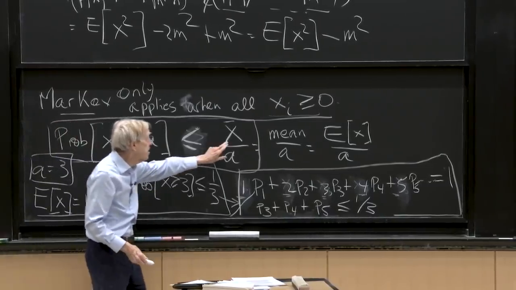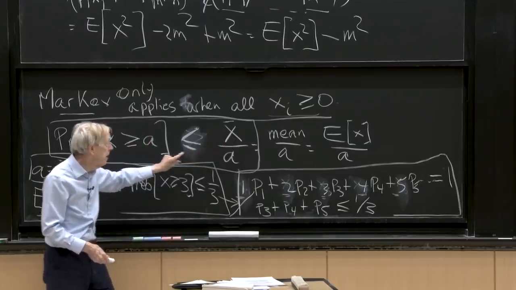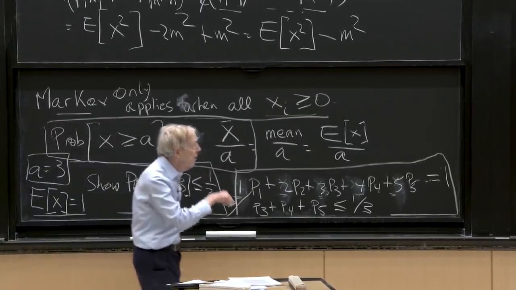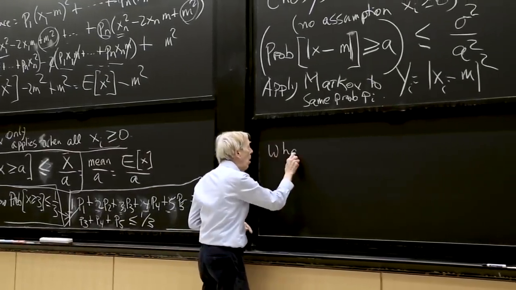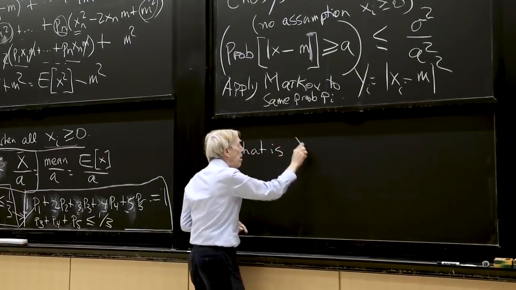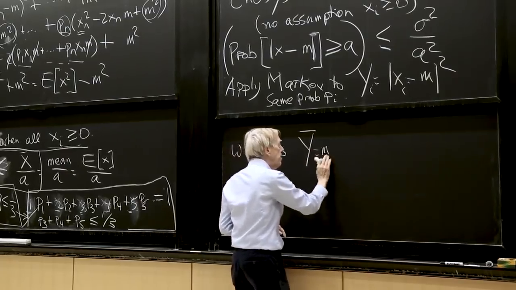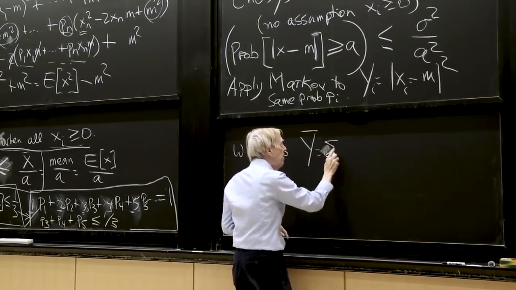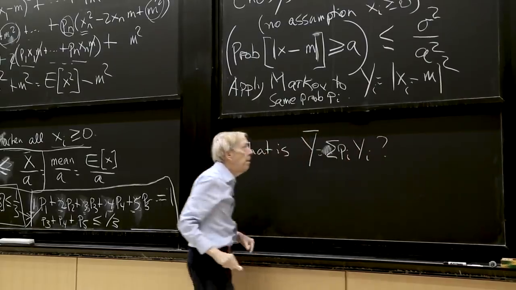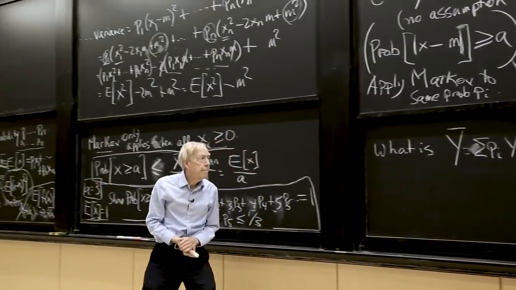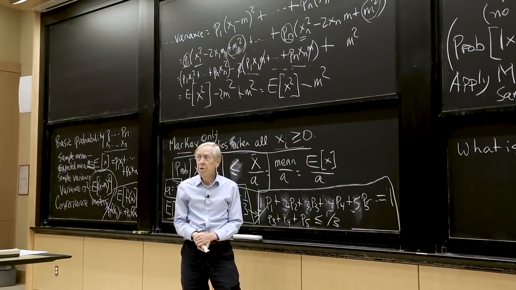So what is x bar? If I want to apply Markov, I have to figure out the mean of x. Over here, I have to figure out the mean of y. What is the mean of y? The mean value, the sum of probabilities times y's. You're supposed to recognize it.